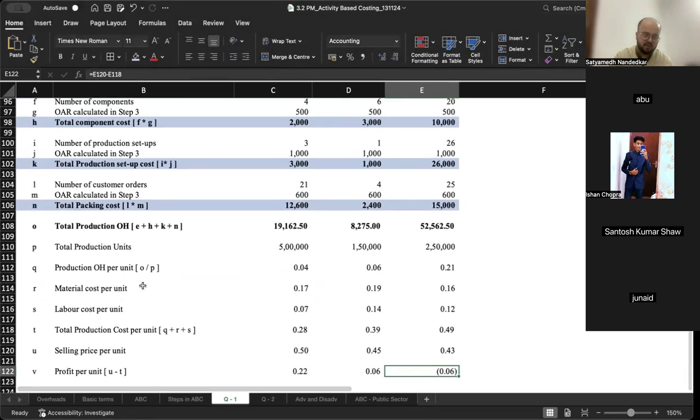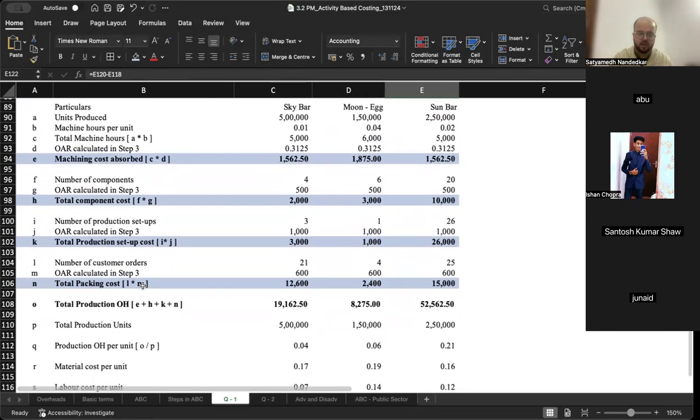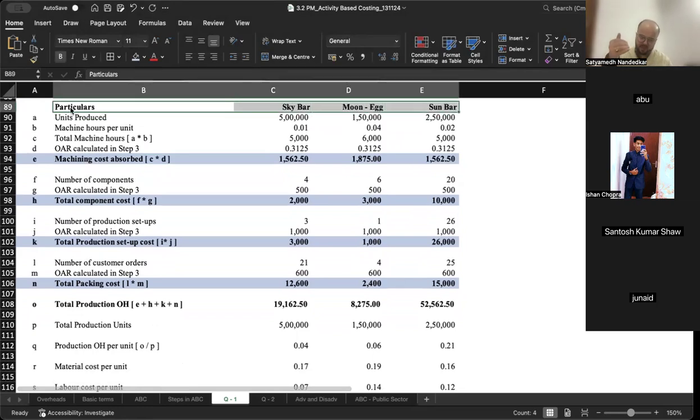Okay, just have a look at the working ones. Absorb the activity cost into product. Have a look at this working and tell me, go step by step and tell me if you want me to explain something again.